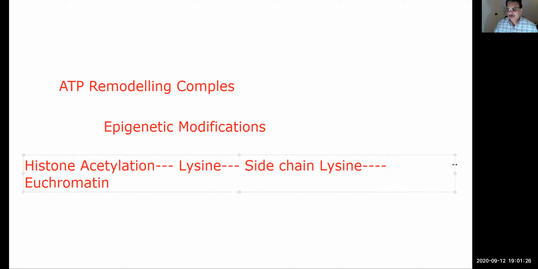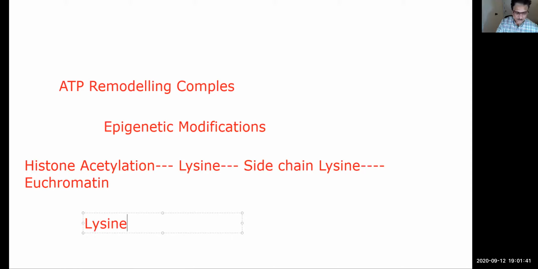Now, lysine is a very interesting amino acid, right? Why do I say that? Because lysine can also undergo methylation. What is methylation? On the side chains of lysine, a methyl group is added, right?